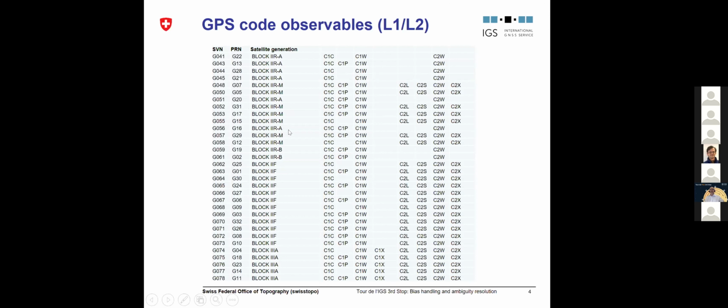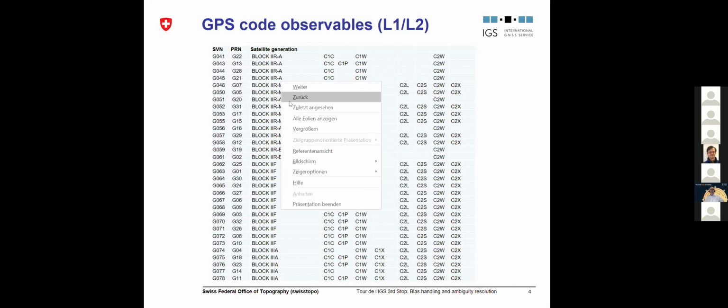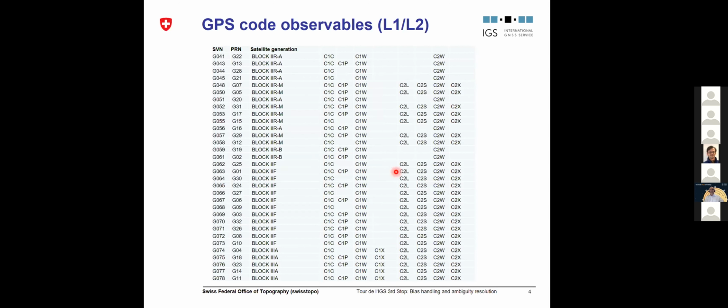This listing may not be complete, but also very interesting is the difference between the generations. So you see here the older generations just providing 3 observation types, and the latest Block 3A generation really providing many types.